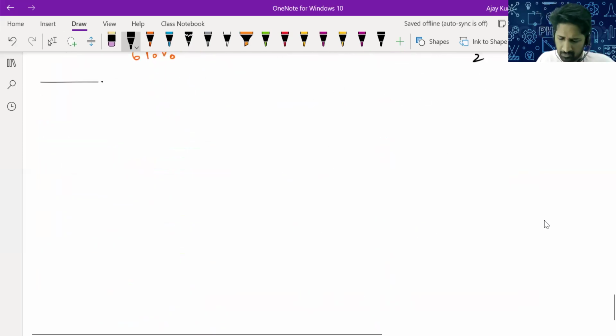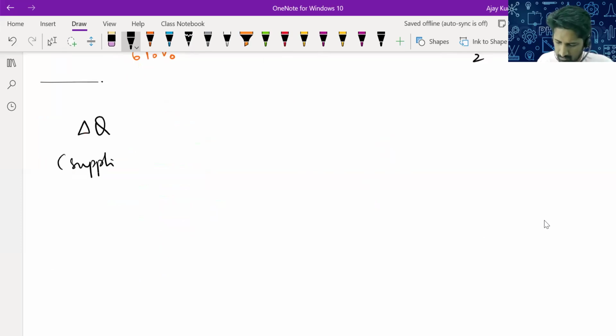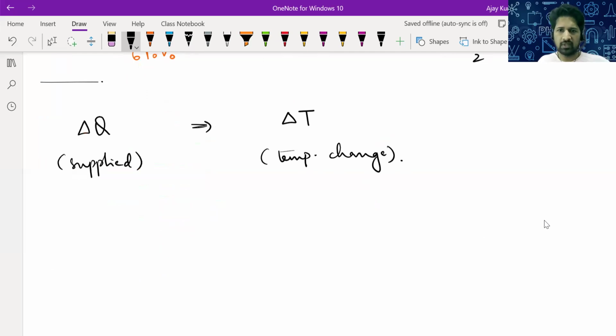Now, suppose you supply a heat delta Q and it results in a temperature change delta T. Now we are talking about gases, no? Whether you supply heat or remove heat, we'll assume the gas stays as a gas itself.